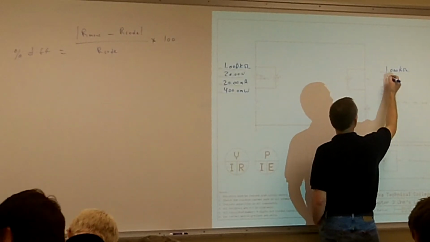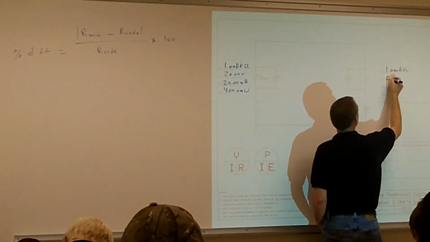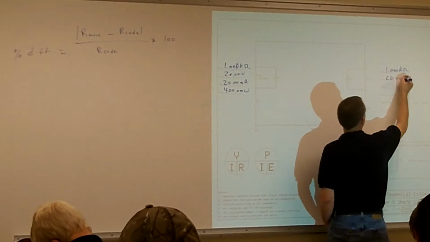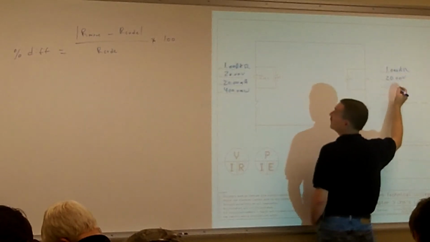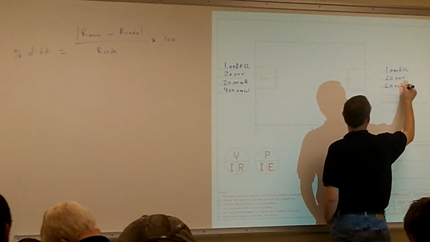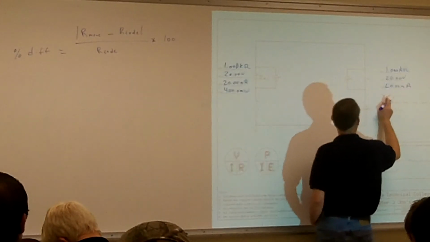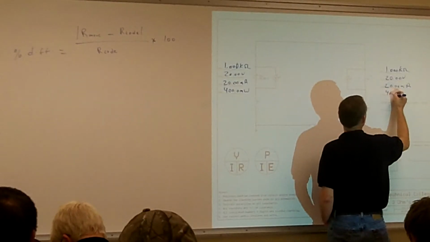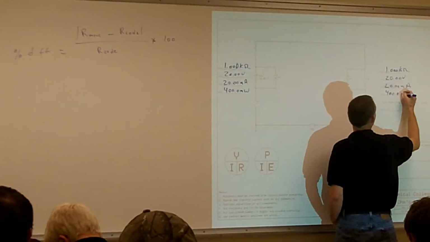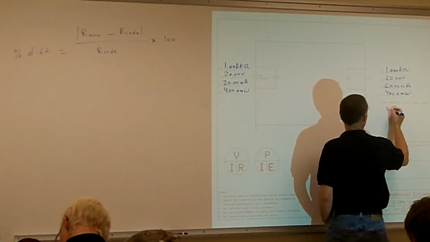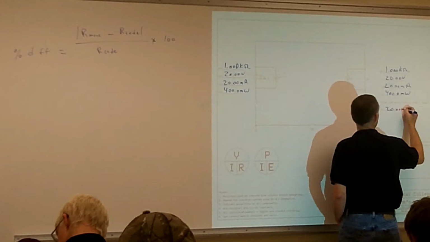And my voltage? 20 volts. Okay, my current? 20 milliamps. And my power across my resistor? 400 milliwatts. And my current meter is at 20 milliamps.